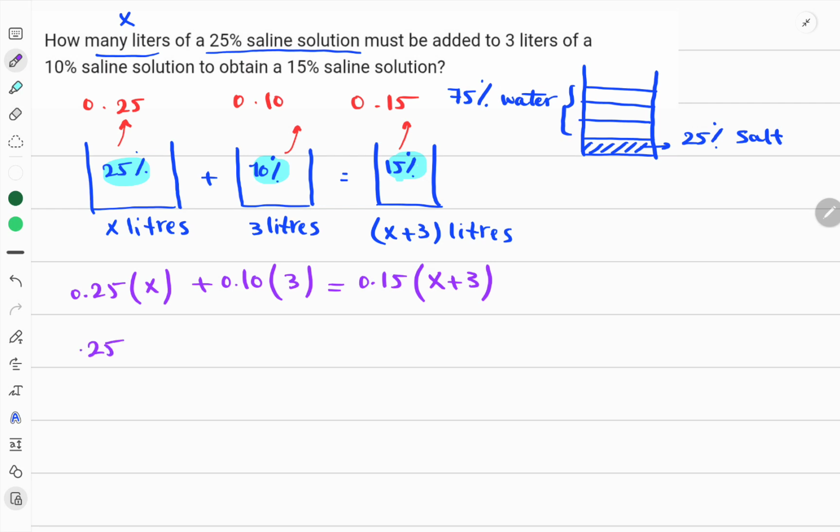Okay, 25 hundredths X plus 30 hundredths equals to 15 hundredths X plus 45 hundredths. We have two terms with X, so you should collect like terms and you can subtract 15 hundredths X from both sides.